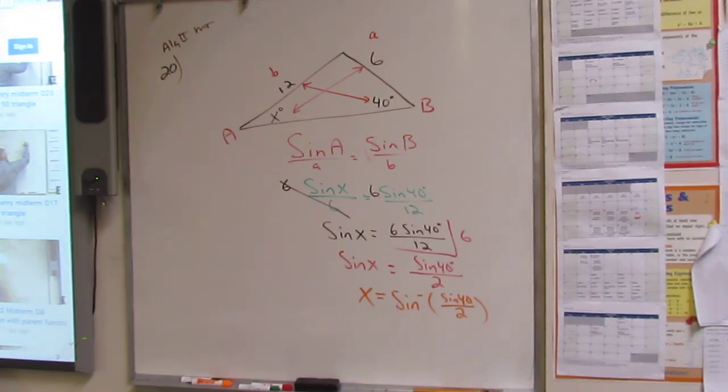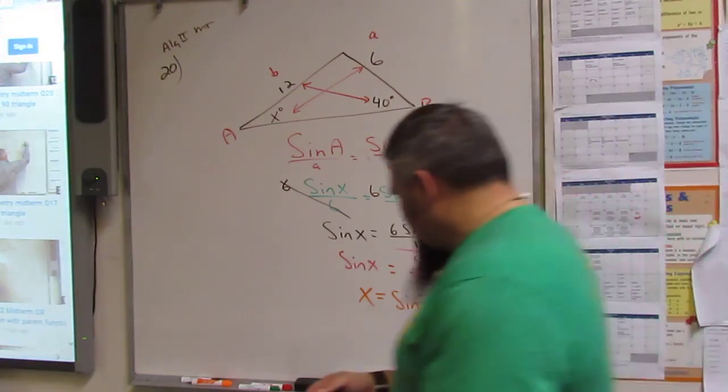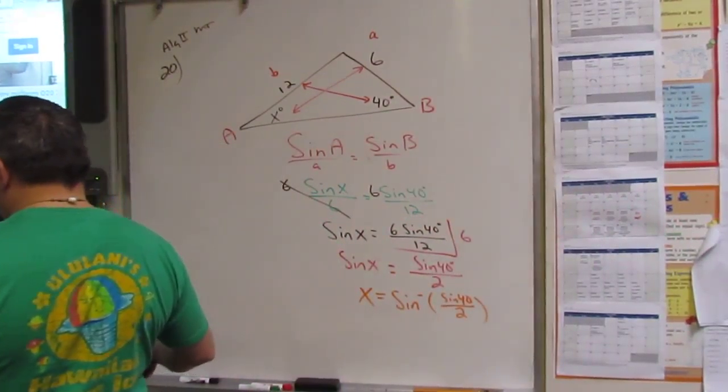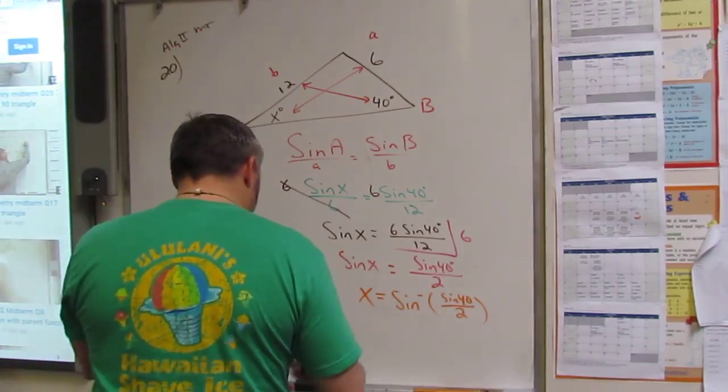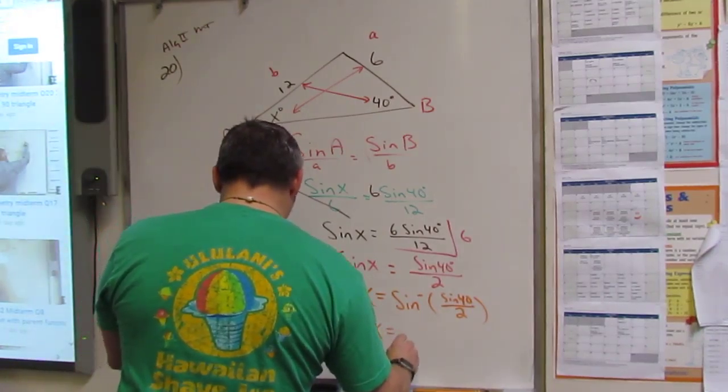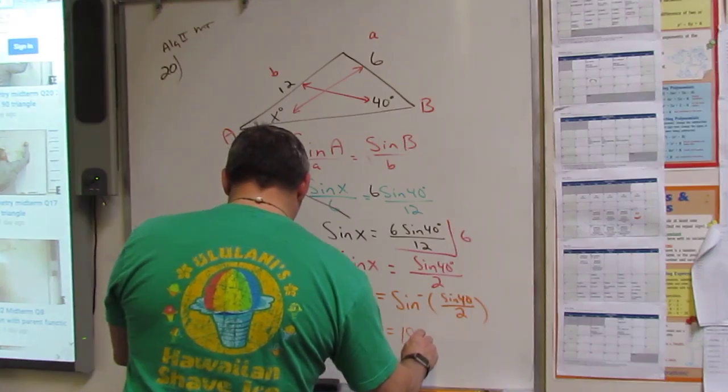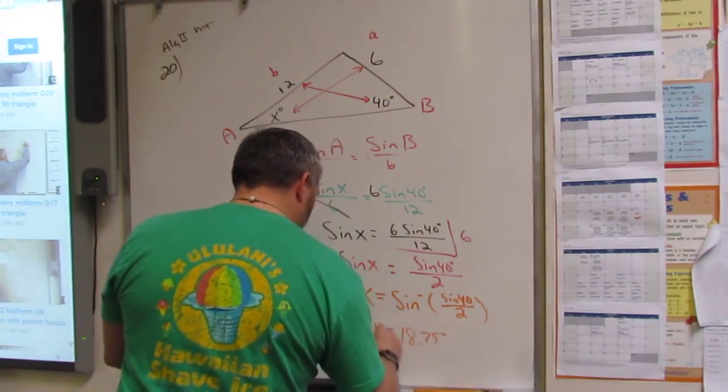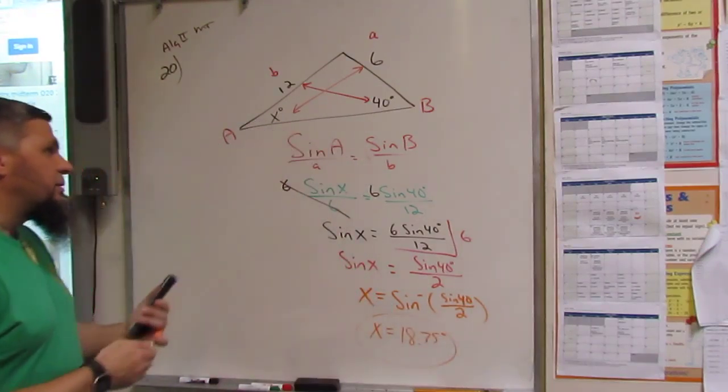So second sine, that gives me sine inverse of sine 40 in parentheses divided by 2 in parentheses equals 18, and make sure it's in degrees. Yep. So we got x is equal to 18.75 degrees.